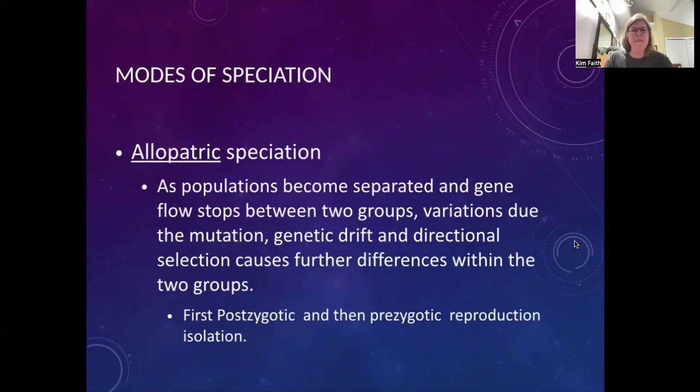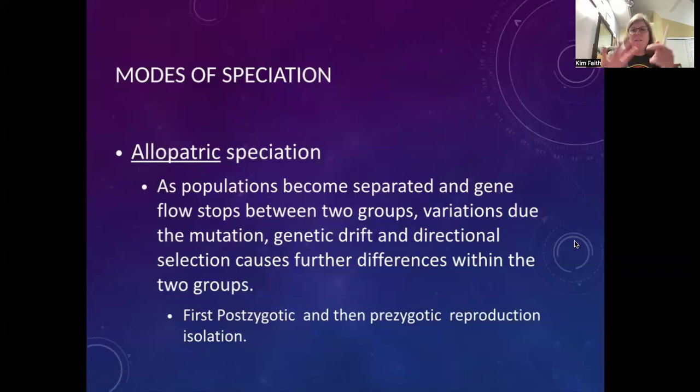So modes of speciation. We have what's called allopatric speciation. We get the word patrick if you think about someone that's patriotic, like a citizen of a country. Again, these are a lot of Latin roots. So when we talk about allopatric speciation, this is when we became actually separated.